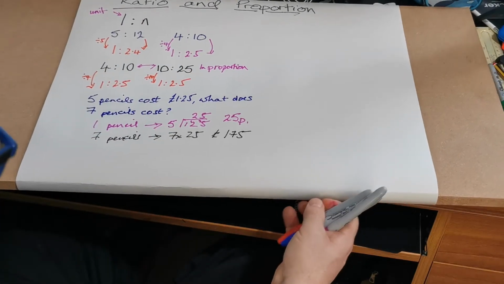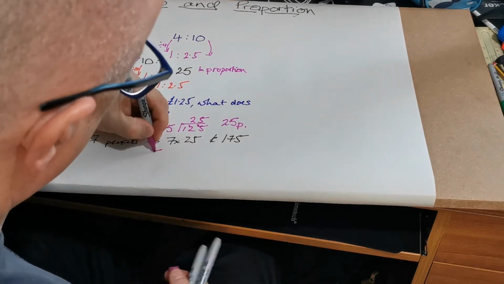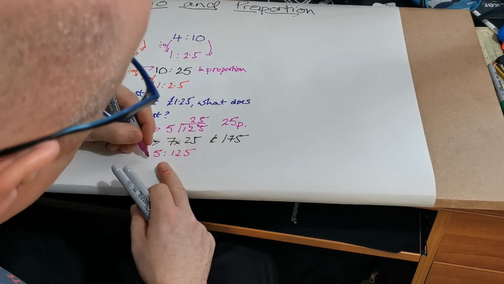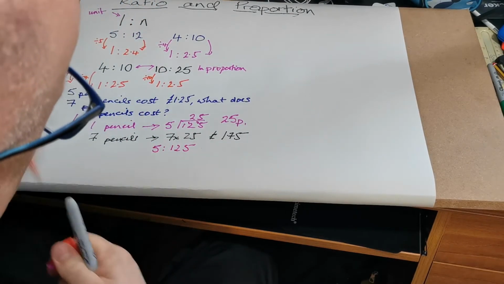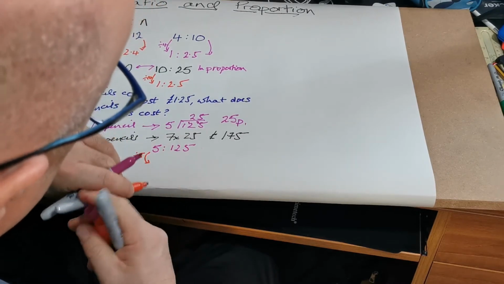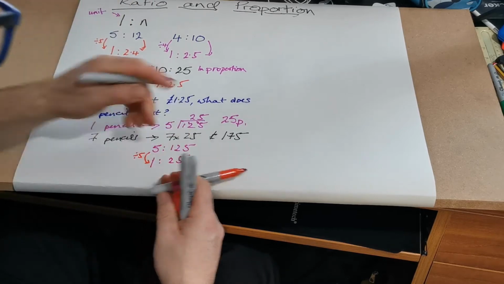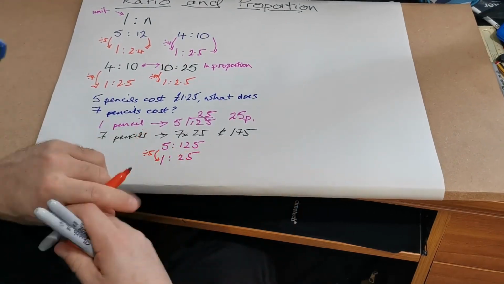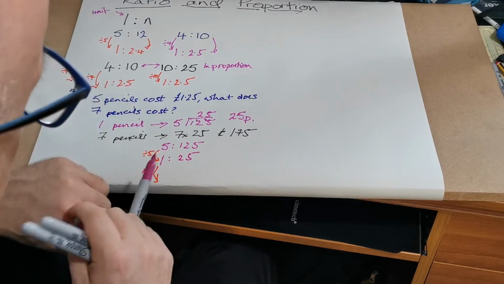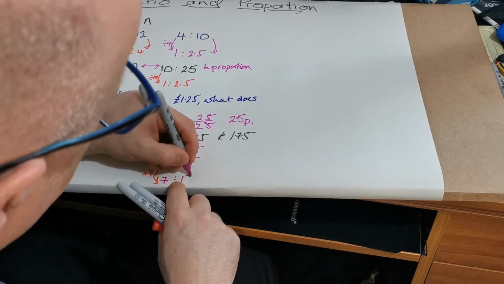So for example, what I'm going to say is 5 to 125, and I'm going to divide by 5 to show that that's 1 to 25. Then I'm going to times by 7 to give me that 7 to 175.